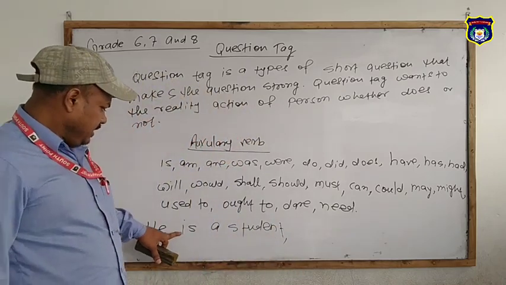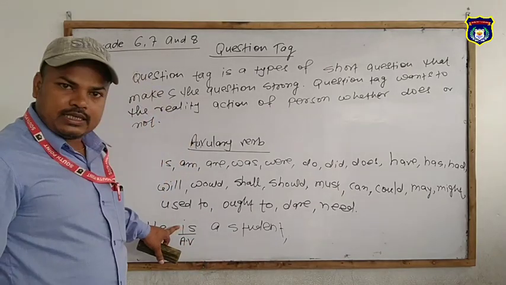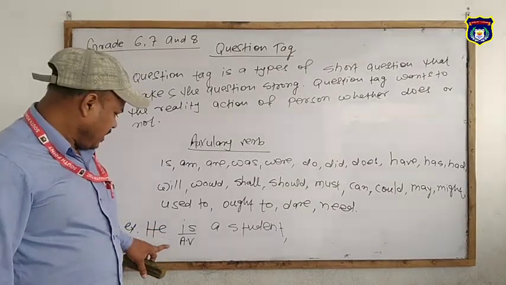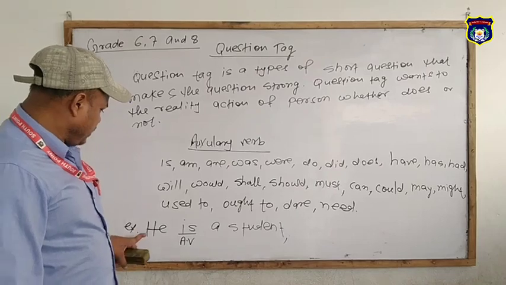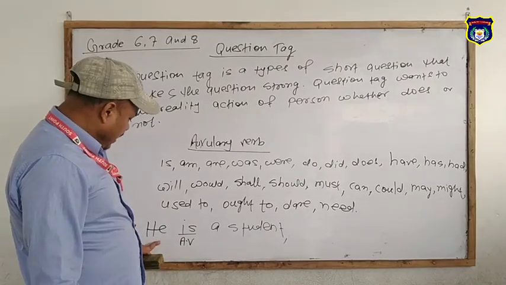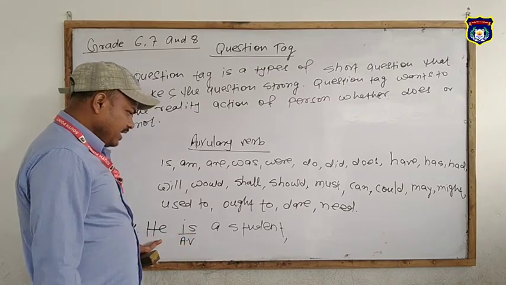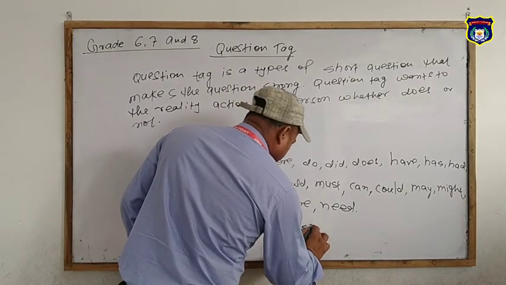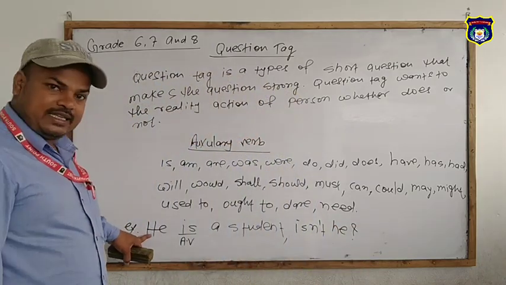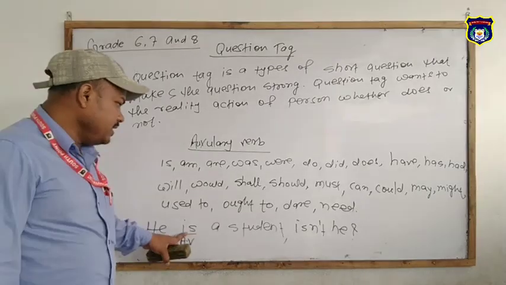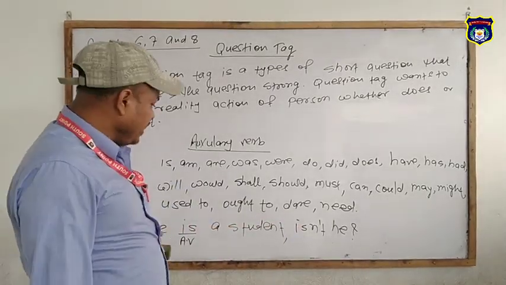Here is is the auxiliary verb, and he is the singular masculine subject. So, isn't he? If she is given as a subject, then isn't she? If it is given, then isn't it?